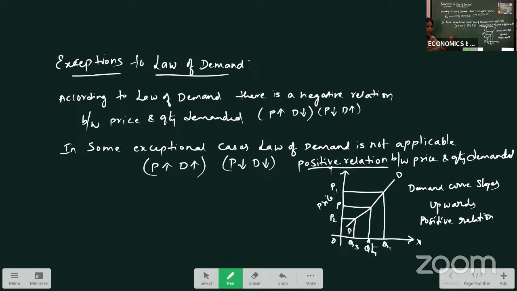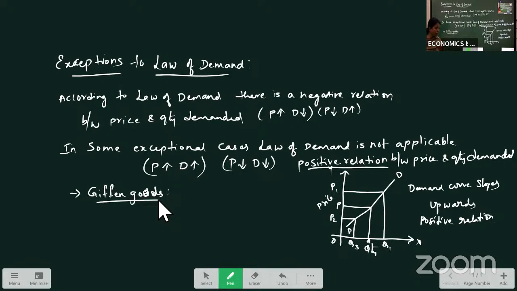Now let us see what all the exceptional cases are, where the law of demand is not applicable. The first case is Giffen goods. Why do we call them Giffen goods? Because this concept was explained by Sir Robert Giffen.